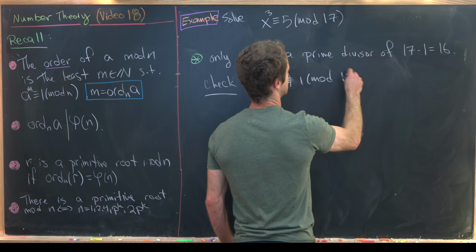Now, like we pointed out in our last proposition, if the bases are occurring mod n, the exponents occur mod phi of n. Here, our bases are the same, so we can just extract the exponents and set them equal to each other mod 17 minus 1, which is phi of 17, or 16.